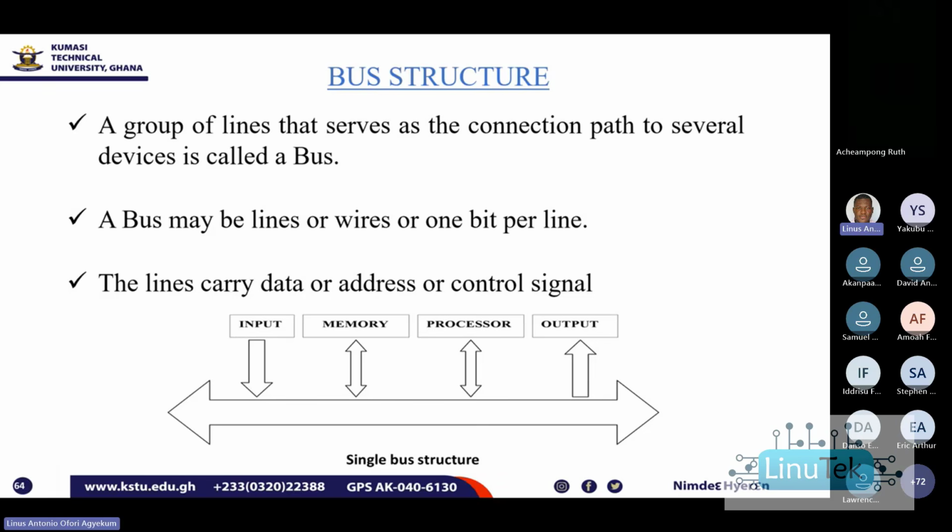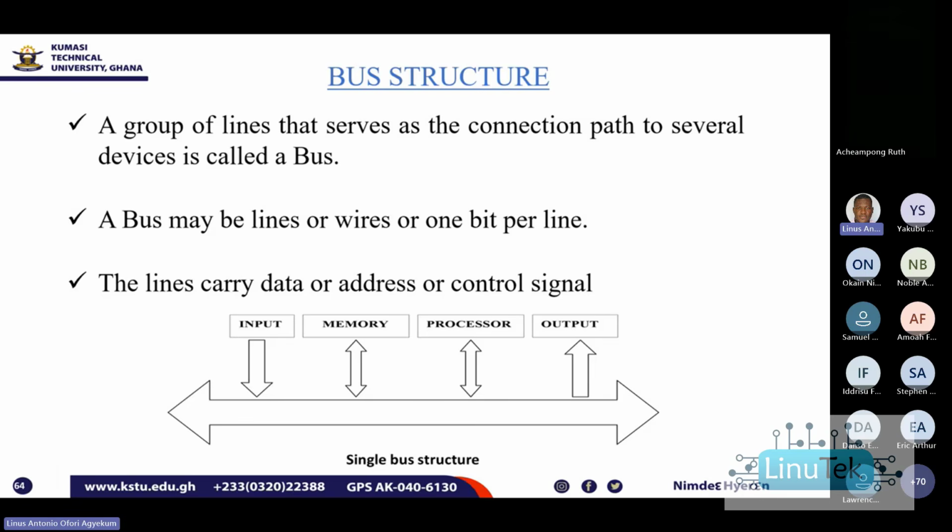So if we can have a single bus structure, then it means that we should also have multiple bus structure. So if you look at this illustration here, you have a line where the input is connected into the line or the path, and then the memory is connected into and out of that path.